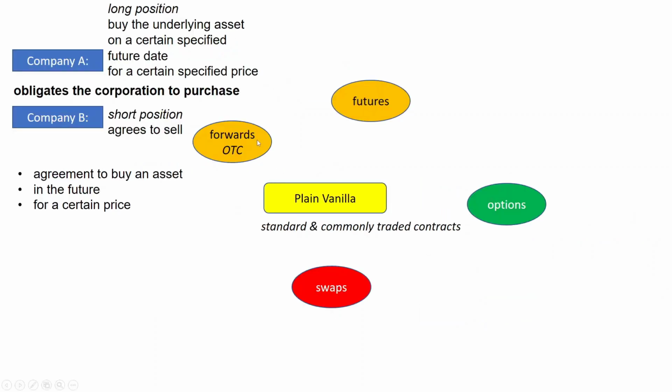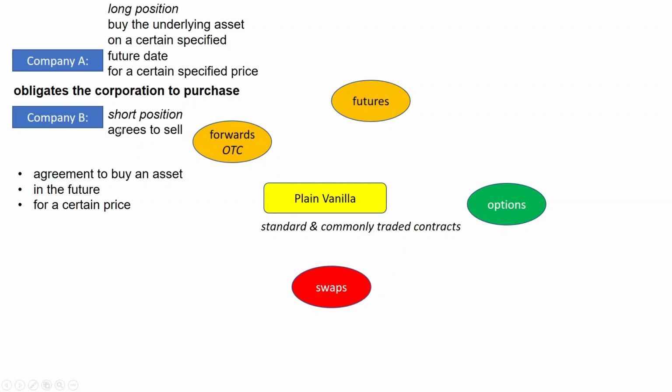Okay, so forwards are OTC. Futures, as you can remember, are market-based. Forwards are OTC. This is the wholesale, this is the retail, and in this case, company A takes a long position to buy the underlying asset for a certain specified future date for a certain specified price.